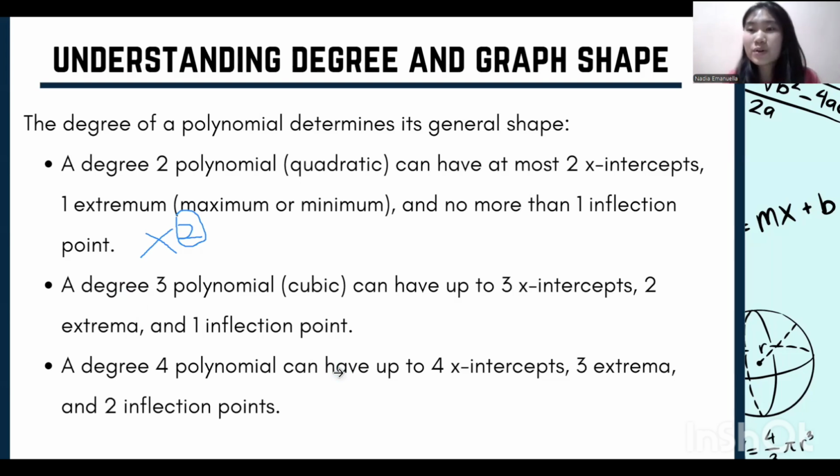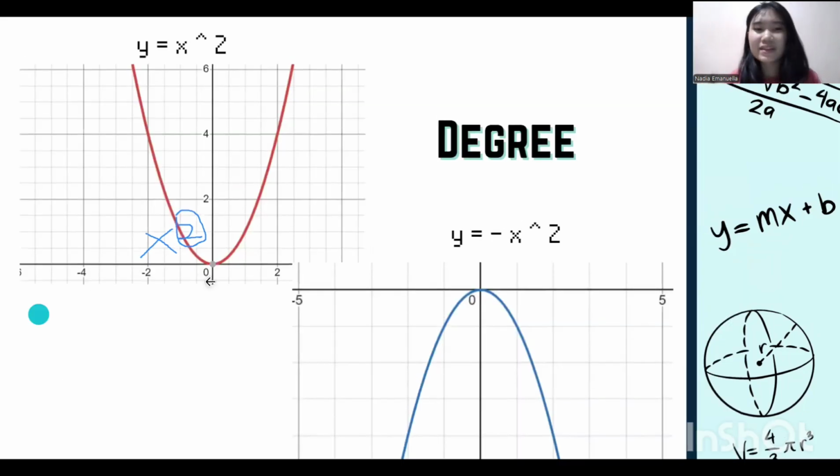So I know explaining this is kind of confusing, so I'm just going to go to the graph examples. This is the example of y equals x squared, the quadratic, the degree 2. Now, the x squared graph shows an up-facing graph where all values are positive.